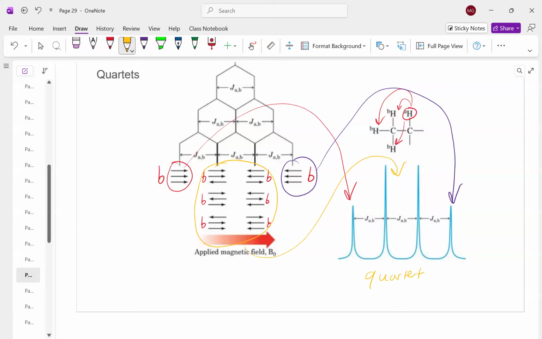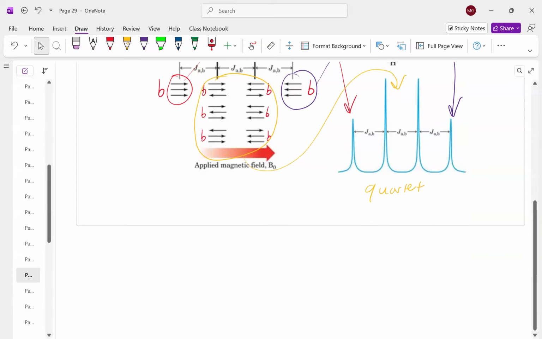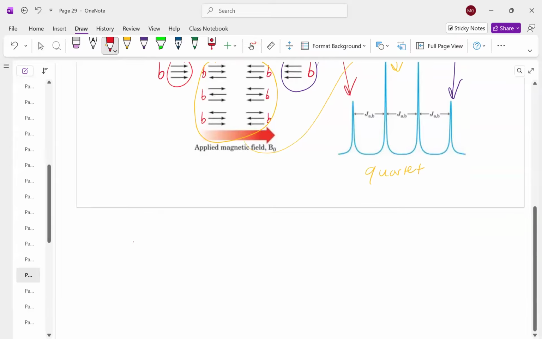Now, it is possible for there to be higher than quartets. So let me give you an example here. And let's assume all the B hydrogens are equivalent to each other. How many hydrogens are adjacent to A?